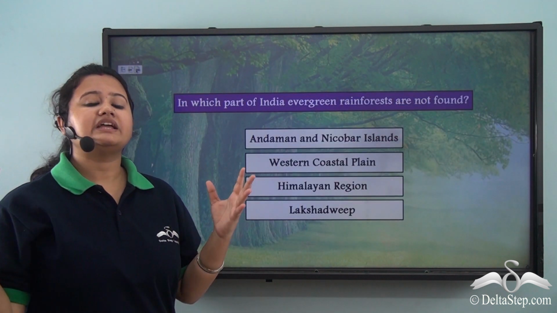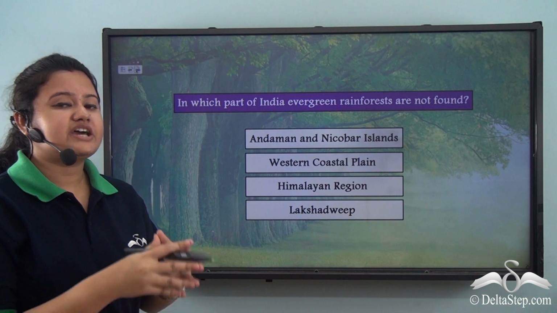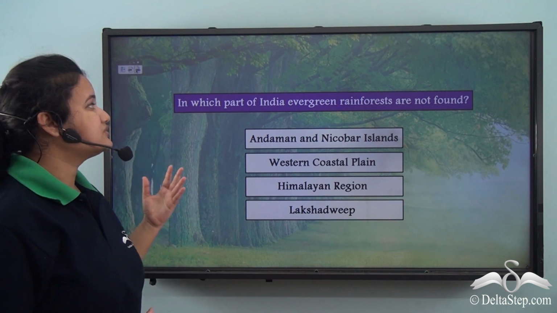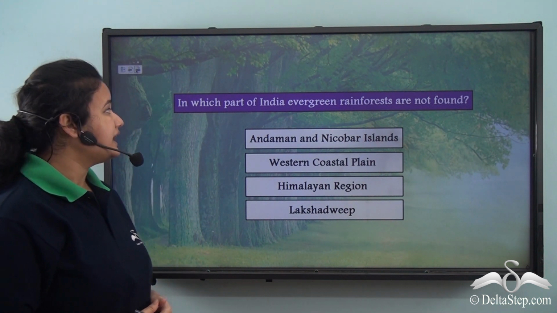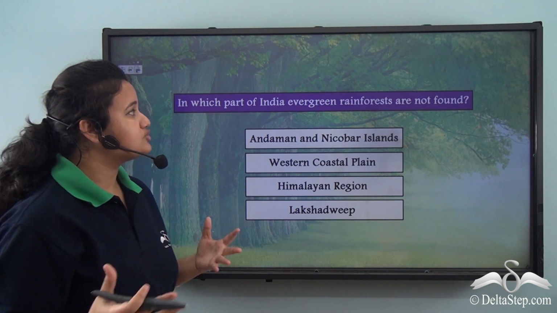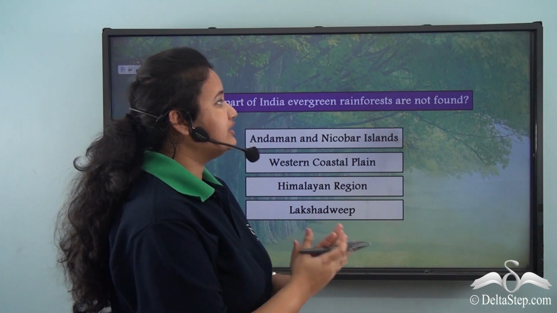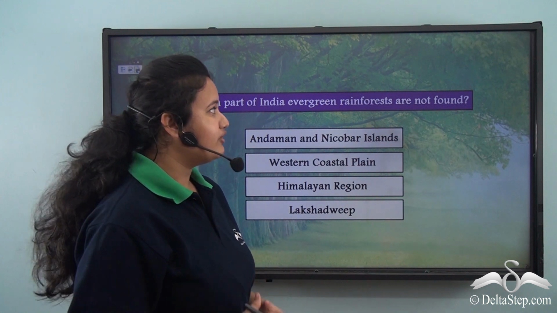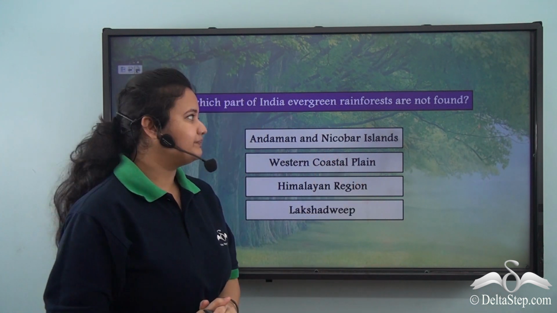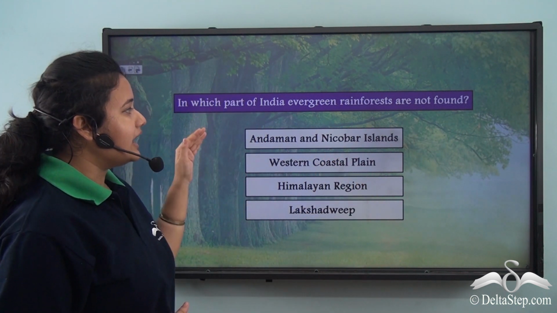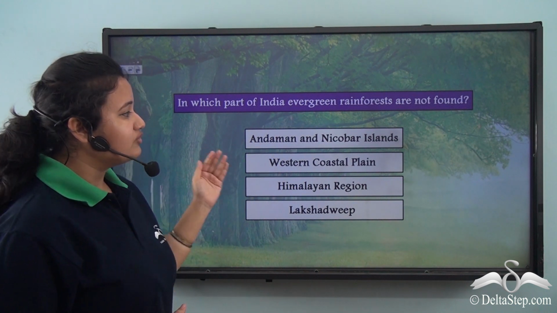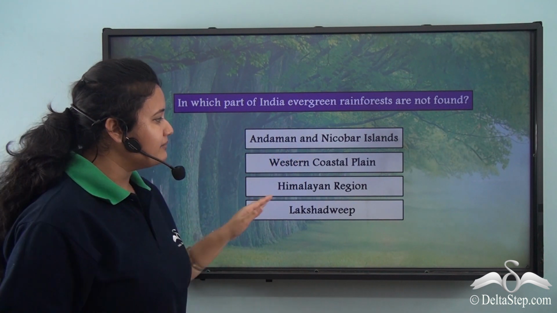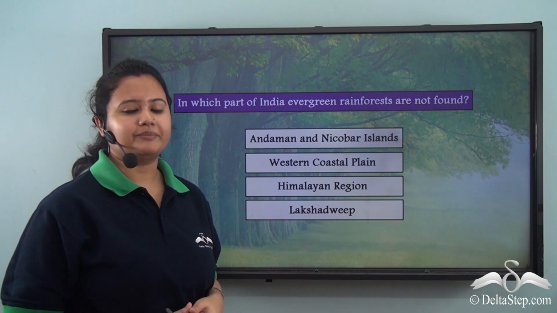But before going into discussion about the other type of natural vegetation, let us try to answer this question. It says, in which part of India are evergreen rainforests or tropical rainforests not found? And the options given are Andaman and Nicobar Islands, Western Coastal Plain, Himalayan region, or Lakshadweep.